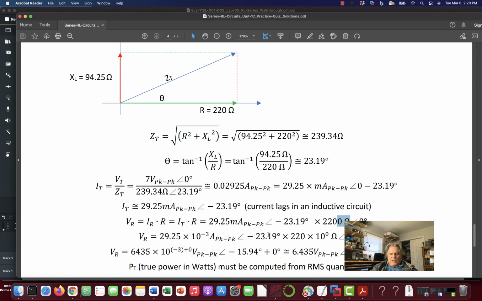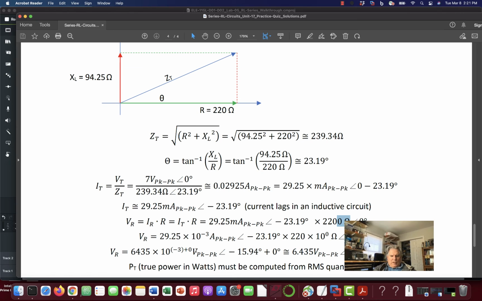So when we multiply that all out, we get 29.25 milliamps, times 10 to the minus 3 amps peak to peak, times 220 times 10 to the 0.